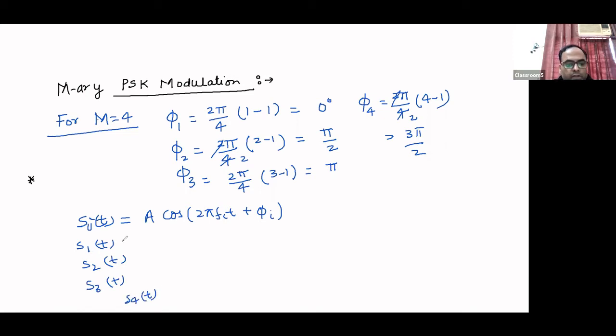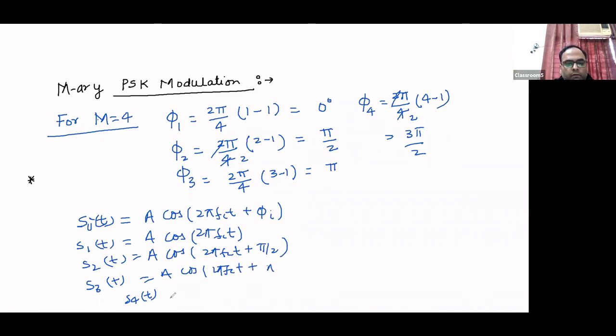All these four signals will have different phases. So s_1(t) will be A cos(2 pi f_c t plus phi 1), where phi 1 is equal to 0. Then s_2(t) can be A cos(2 pi f_c t plus pi by 2). Similarly, s_3(t) will be A cos(2 pi f_c t plus pi). The fourth one is A cos(2 pi f_c t plus 3 pi by 2). So these four signals will be transmitted, or used to represent your information, your message.